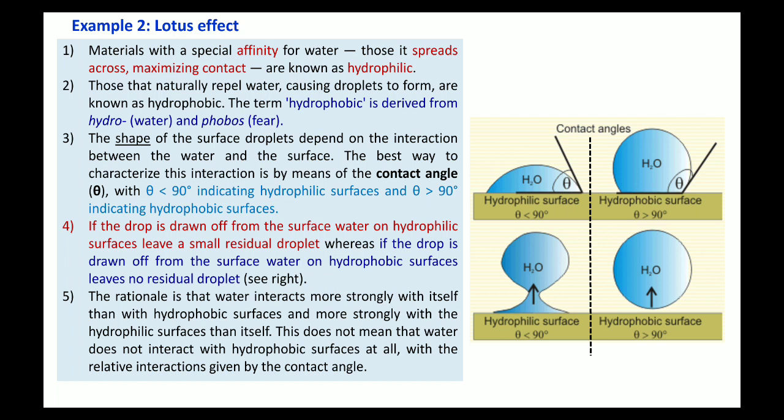Now, those materials that naturally repel water cause droplets to form. Some surfaces don't like water, so they repel it, and because they repel water they cause droplets to form, and they are called hydrophobic in nature.